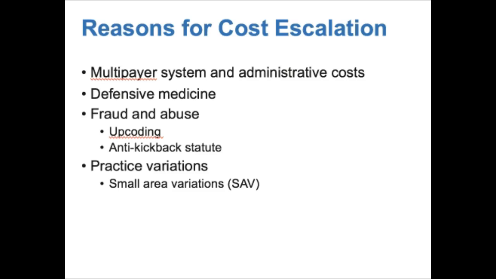This variation, which can be as great as twofold, cannot be explained by gender, age, race, health status, or pricing variations. This variation signals significant inefficiencies in our system because they increase cost without improving outcomes.